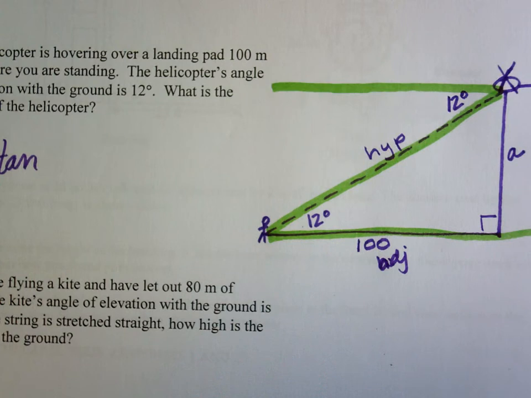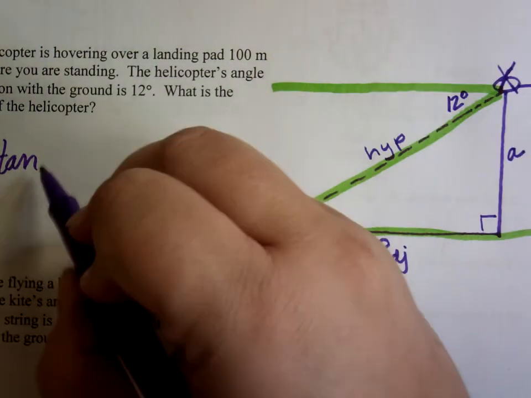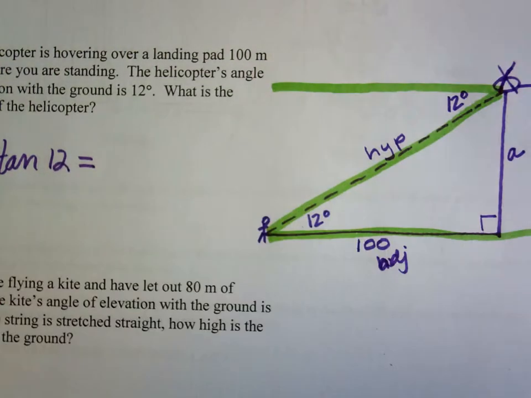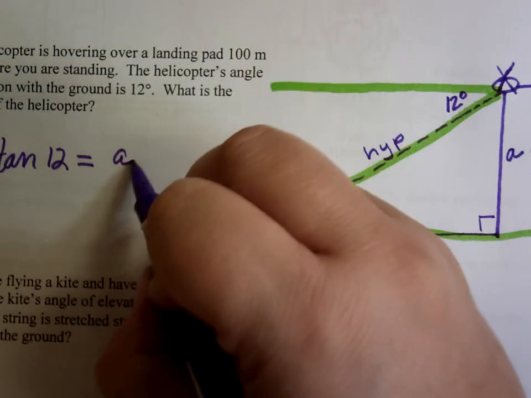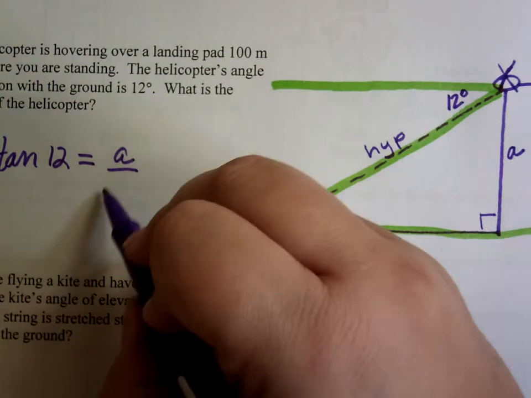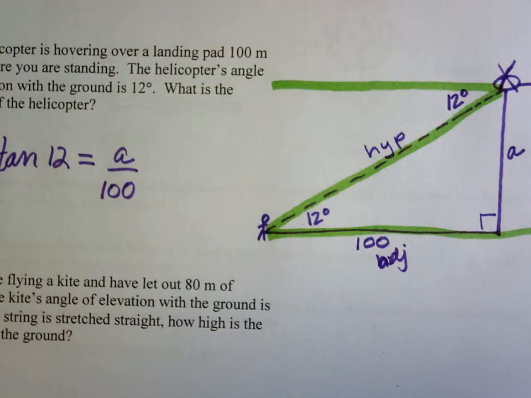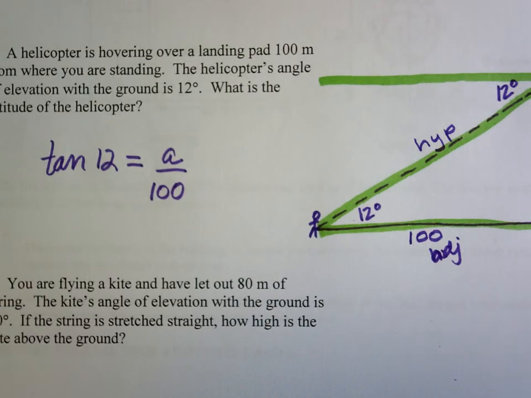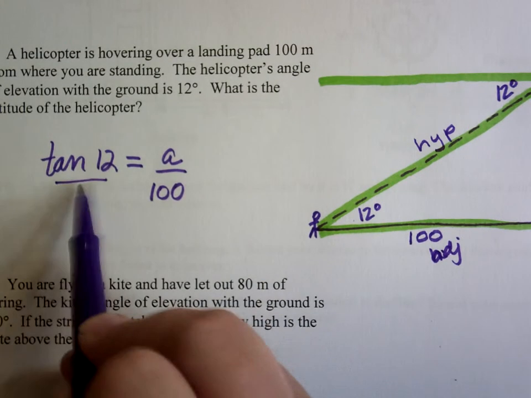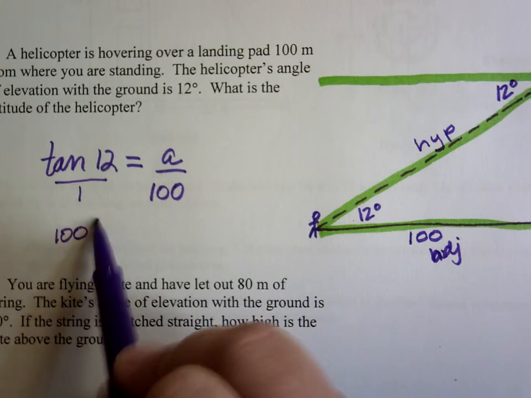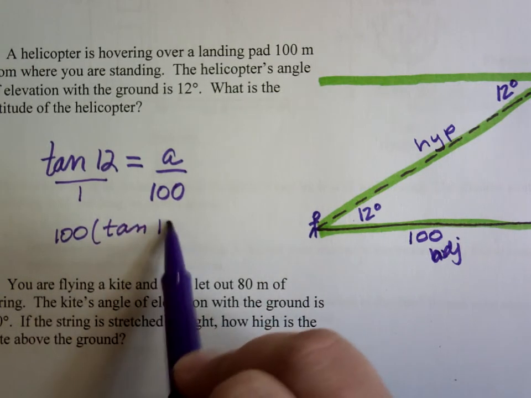So tan of 12 degrees equals A over 100. Tan 12 degrees equals A over 100. I can cross multiply and I get 100 times tan 12 equals A.